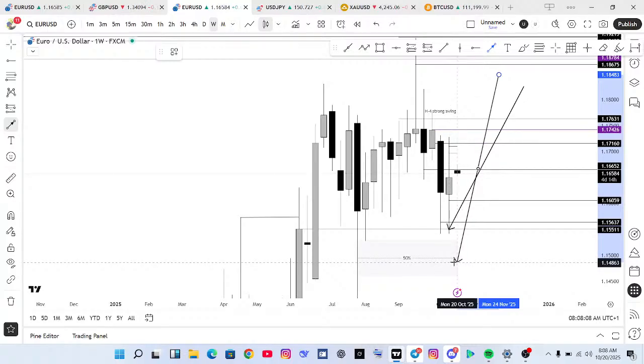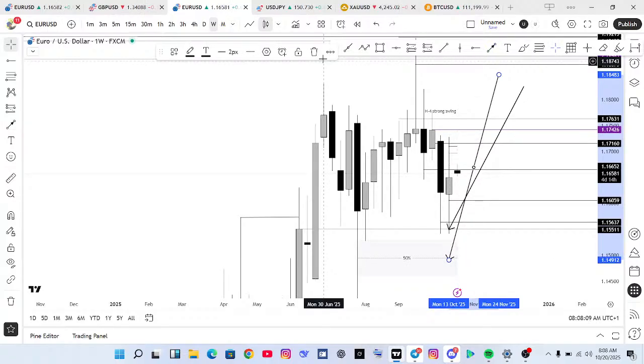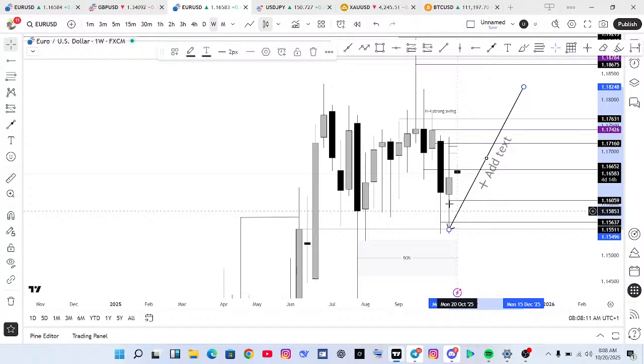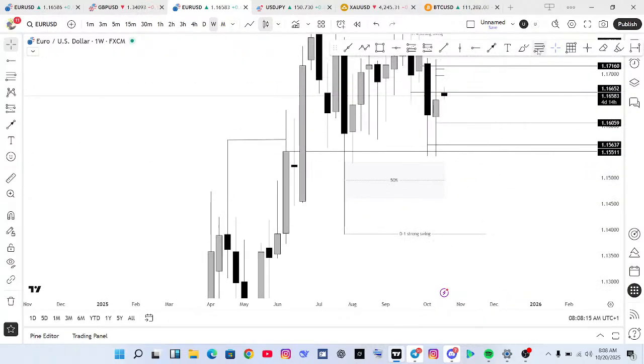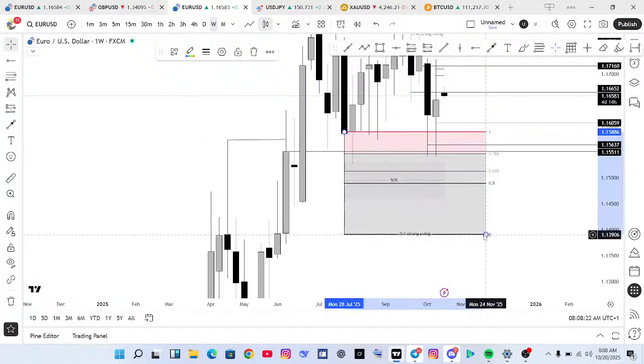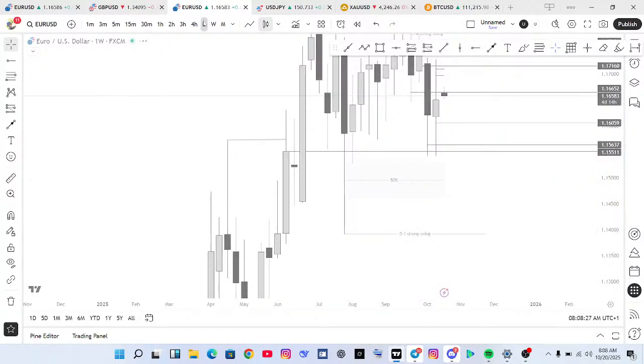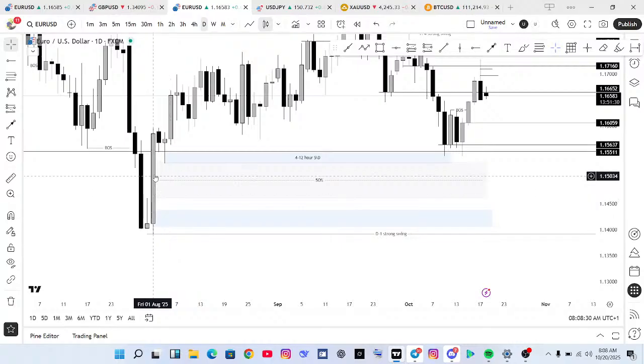Now this week you see here, let me delete this. This long weekly wick you see here, I'm still expecting price to come down to the 50% of this long weekly wick. And on a daily time frame, there is an imbalance here. You see, I still mark the imbalance.